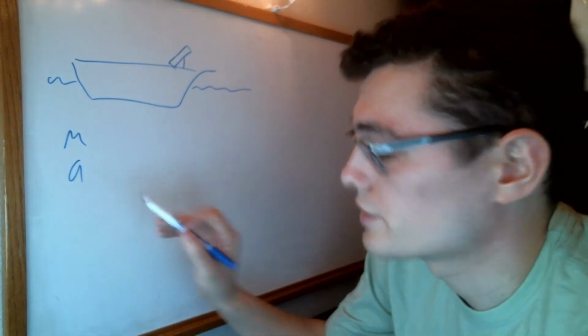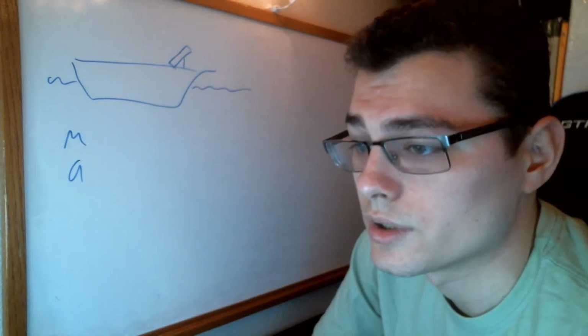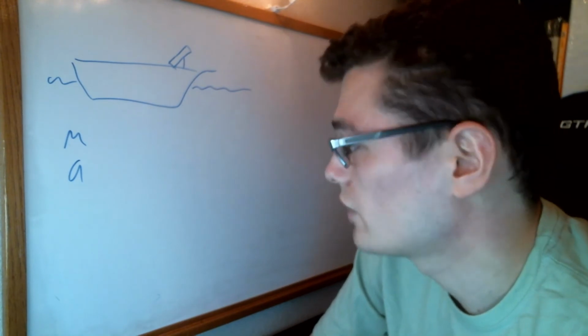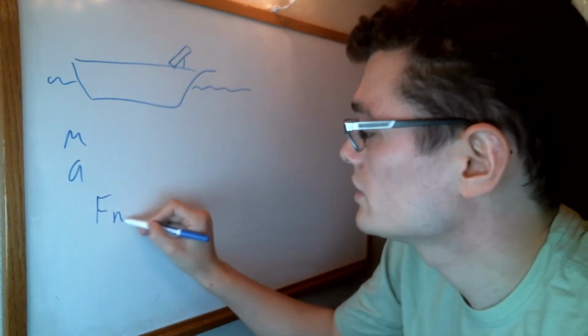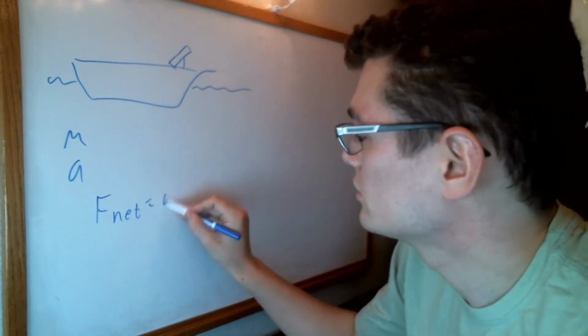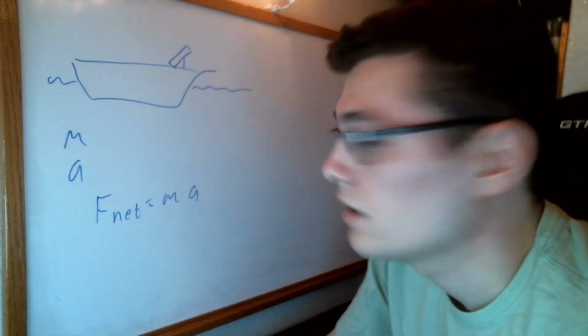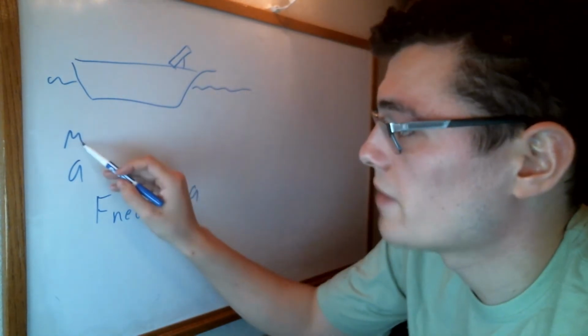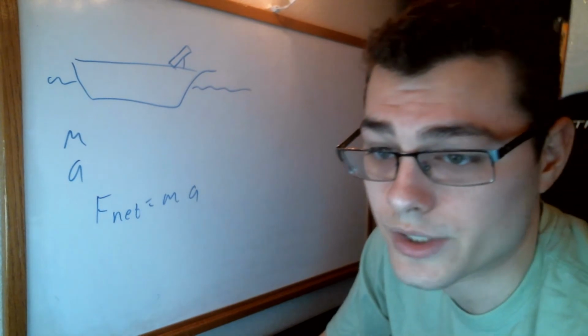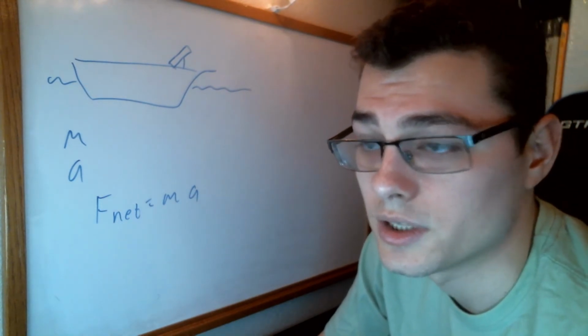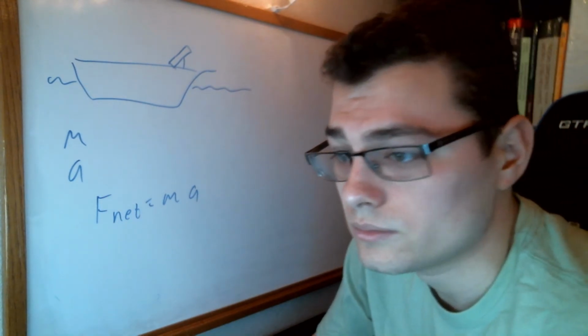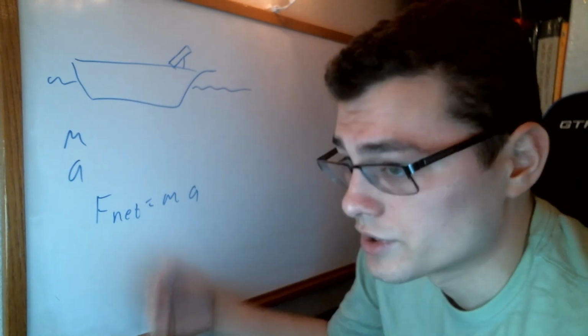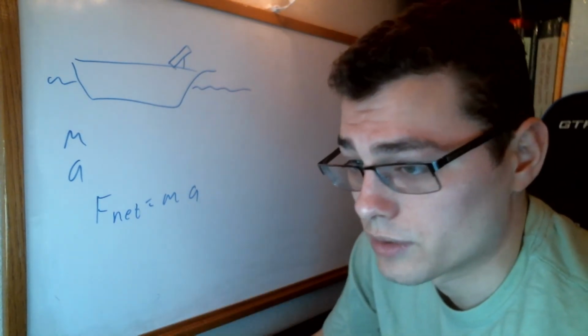It's going to experience some sort of acceleration. So this is just a basic Fnet problem. All you have to say is Fnet is equal to ma, so the force is just the mass of the shell times the acceleration it experiences inside the barrel of the cannon. And you just need to plug in algebraically what this is going to be.